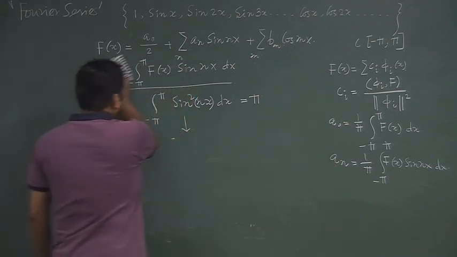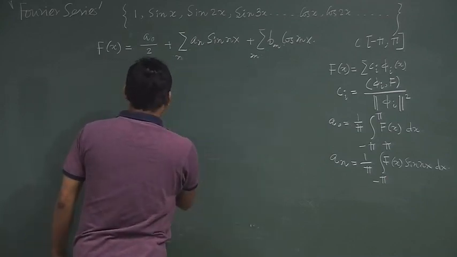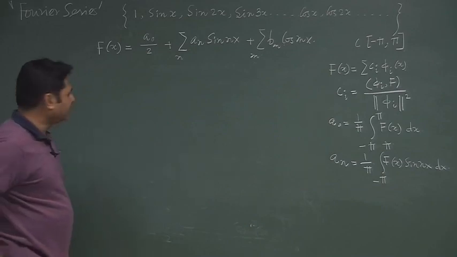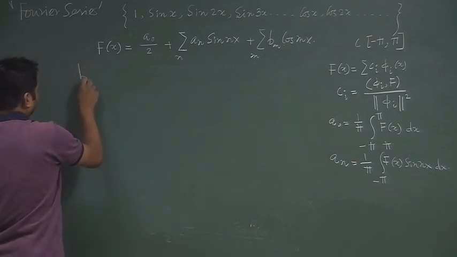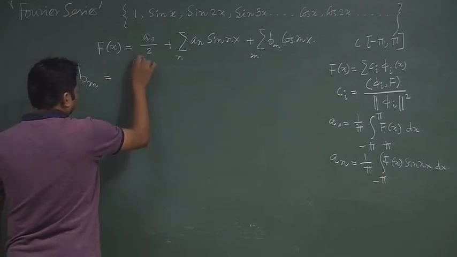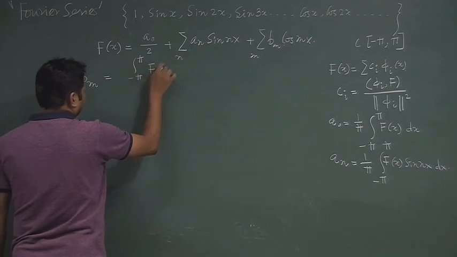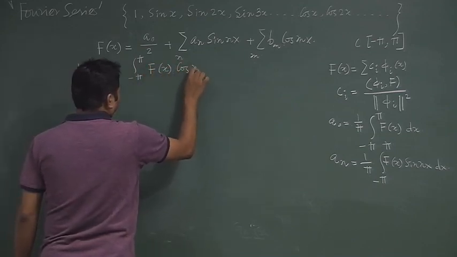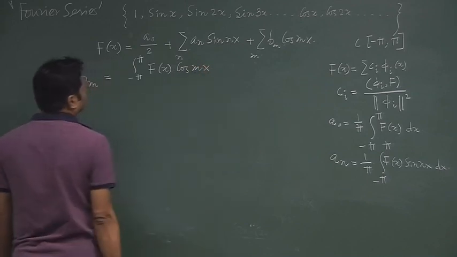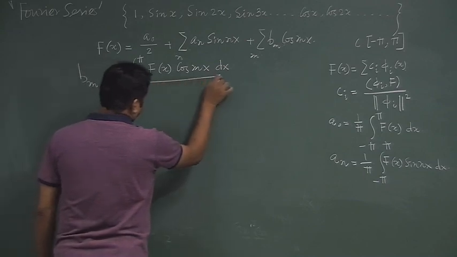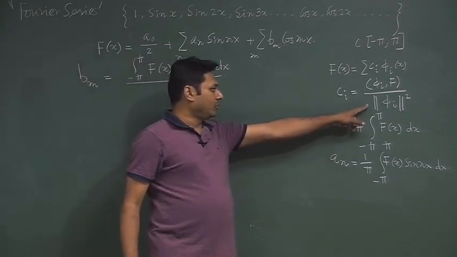In a similar way, exactly the similar way, I can also figure out what my bn is. Let me do that meticulously. So bm should be the integration from minus pi to pi of the inner product of f(x) with cos mx dx, divided by the norm square of this quantity.